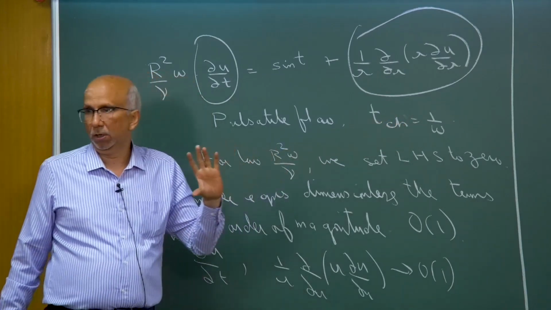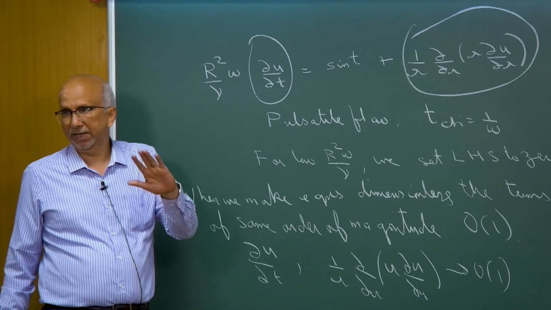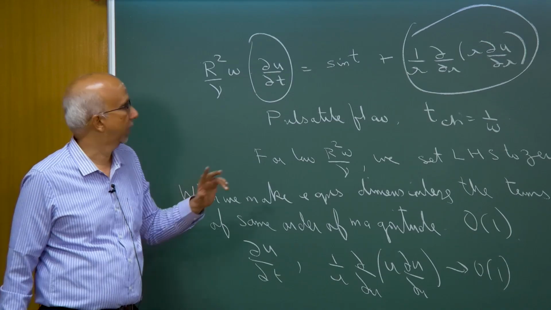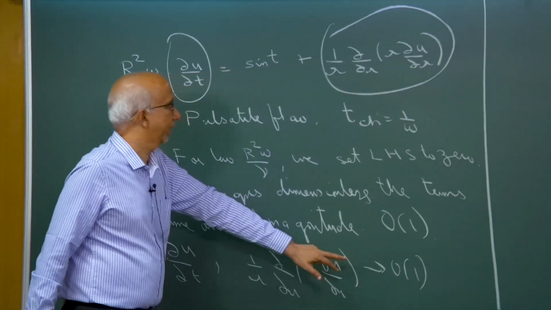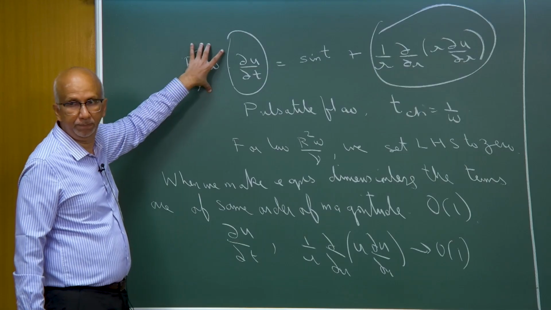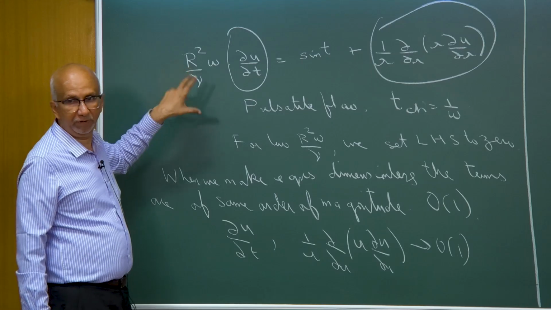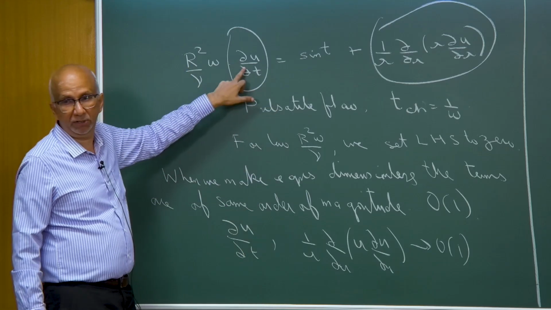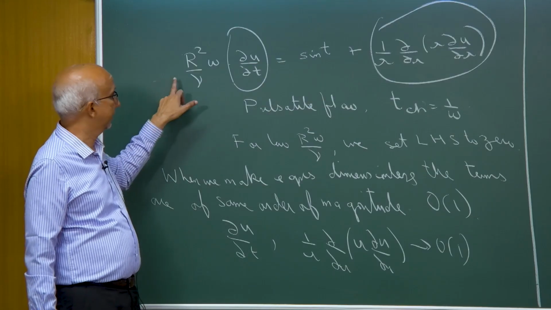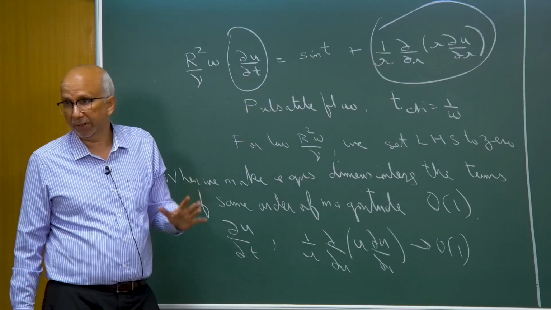So you have to keep in mind that there is a basic underlying assumption, that when we make things dimensionless, these terms are of the same order of magnitude 1. Only then can I say this is a small term and neglect it. If this is of order 10 power 5 and that is of order 1 and this is 10 power minus 5, then this becomes order 1 and that becomes order 1, and I cannot neglect it. So keep that in mind.